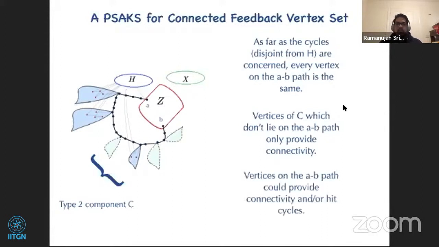Now it's the vertices on this AB path that could be difficult to handle because these could be the vertices that could hit a cycle and they can provide connectivity between various vertices in the solution. So that's where our difficulty really lies.